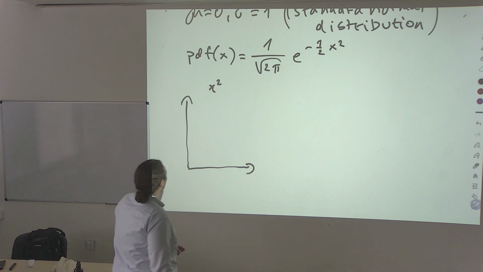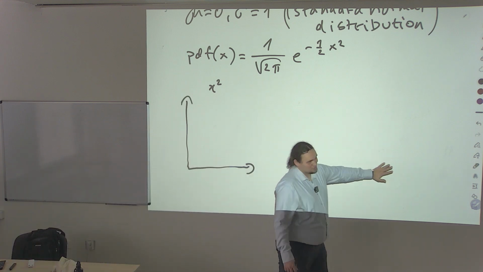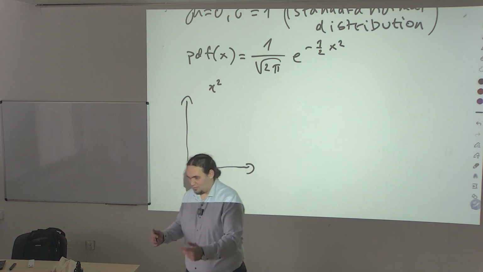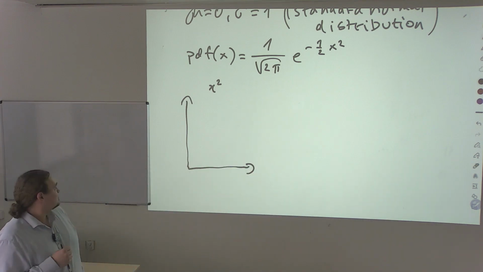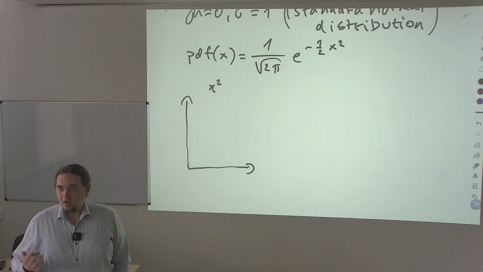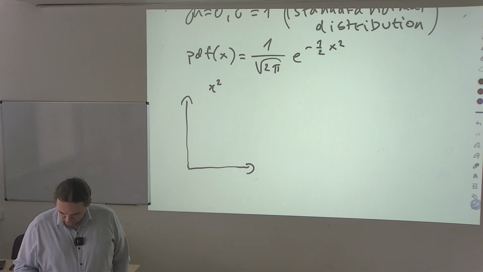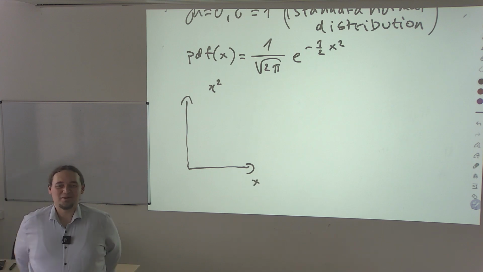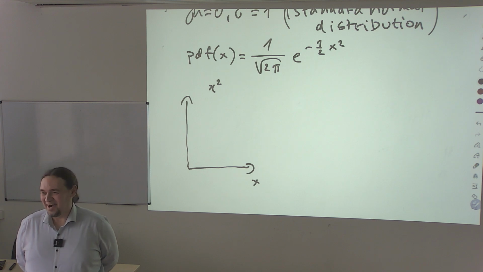I wanna have like 3 graphs beside each other. If you are making notes, that's what you might also wanna have. Well, function x squared. How does it look like? Yeah, exactly.